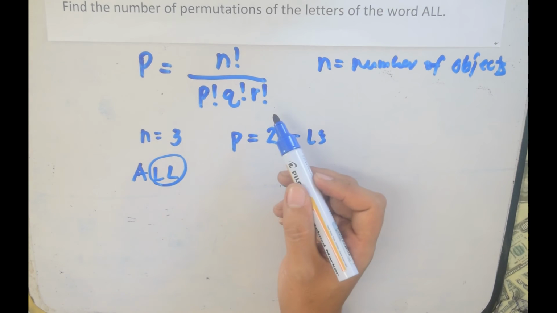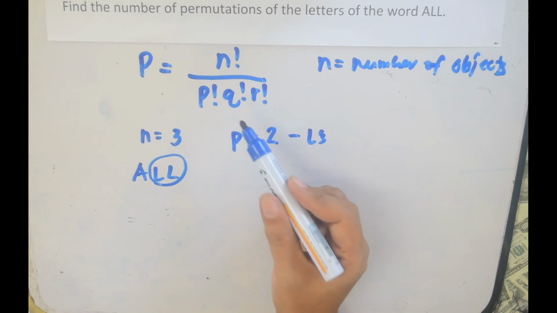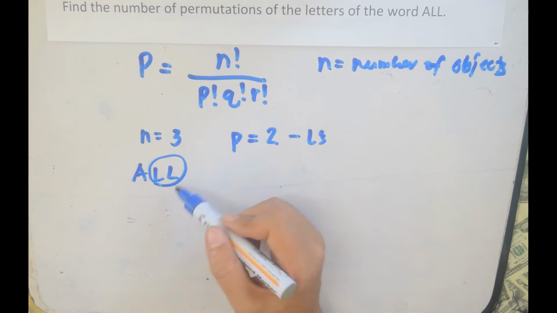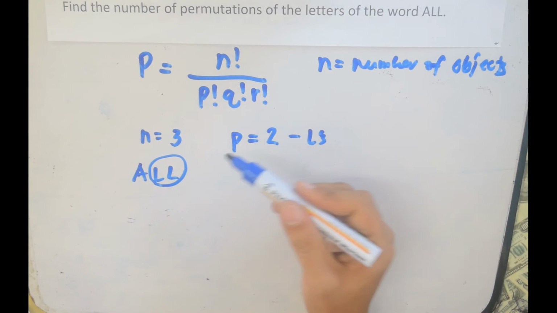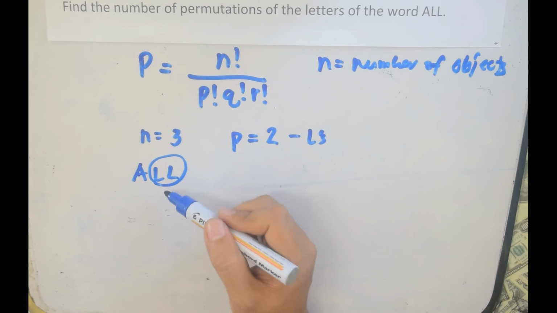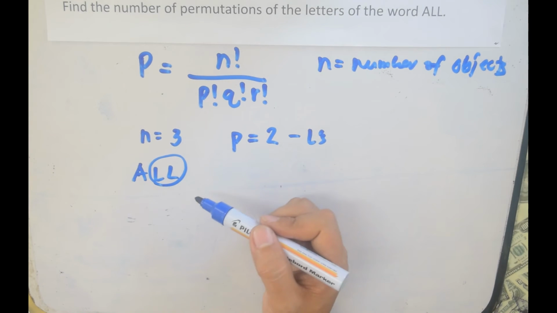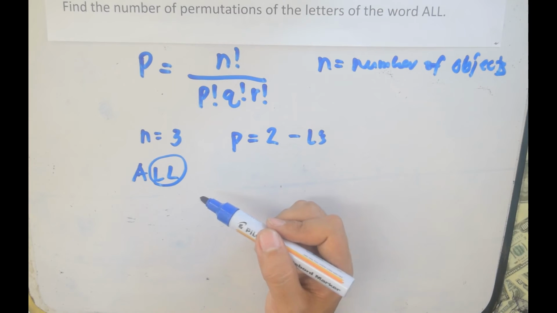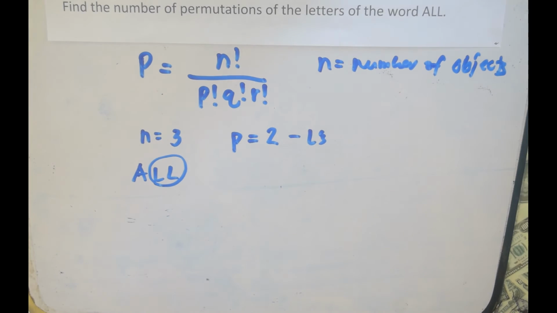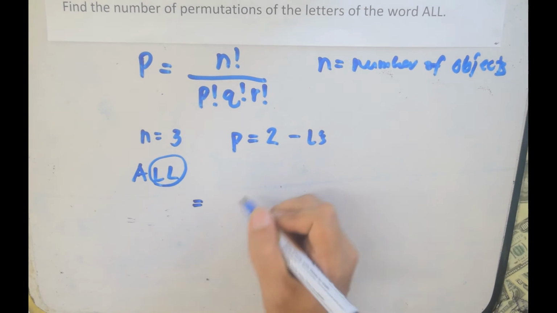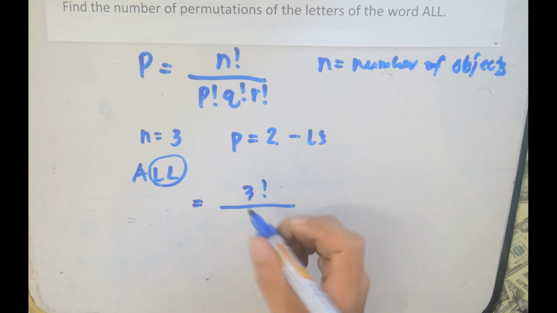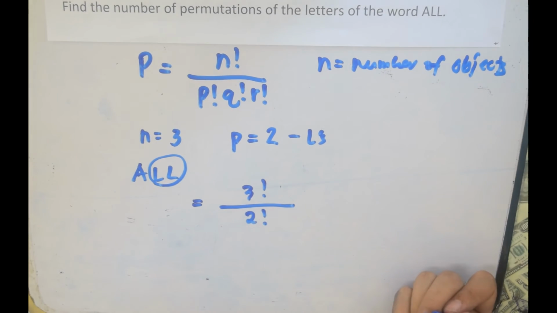How about the q? How about the r? We will have the value of the q if there are other letters or other numbers that are different from the p. Since we only have 2 letter L, we have our p here as 2. As we are going to solve this one, we have 3 factorial over 2 factorial.